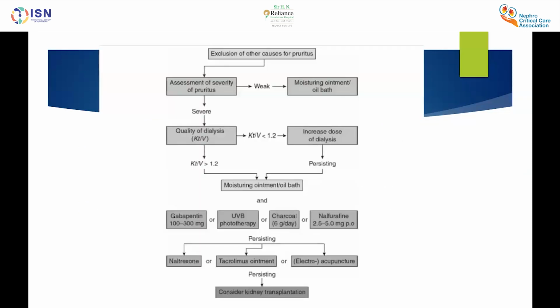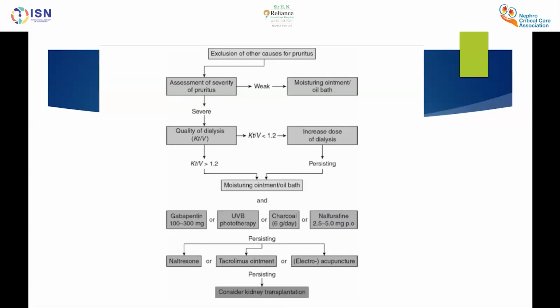So there's this flow chart where you exclude other causes of pruritus. If the pruritus is severe, then you assess the type and quality of dialysis, and accordingly increase the dose of dialysis if required. If simple moisturizing and ointment settle it, then it's fine.